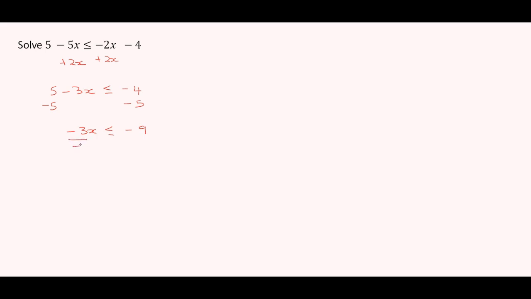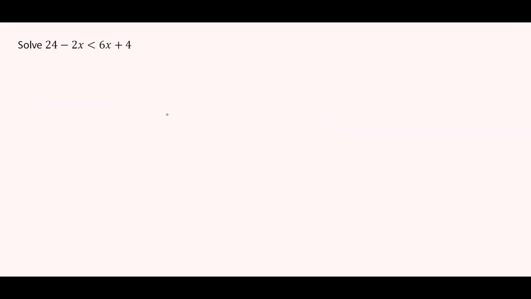Now we're dividing by negative 3. So we have x here, and then we have 3. Because we're dividing by a negative number, we have to switch the sign so it's greater than or equal to. So we have 0, then we have 3. It's going to be a closed circle.